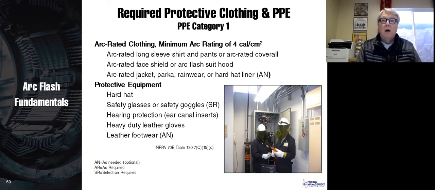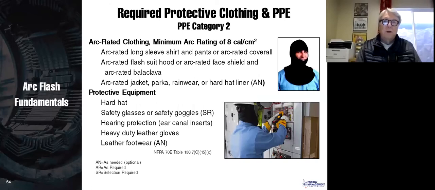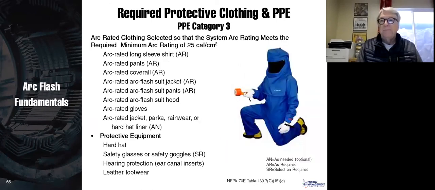Most people do not have category 1 and category 2 gear. They simply buy category 2 gear, and then they use that when they're working on either category 1 or category 2 systems. What happens when you go to 8.1 calories? Now you need an arc flash suit, also called a beekeeper suit or a Buzz Lightyear suit. And these things you can only work about 15 minutes at a time.